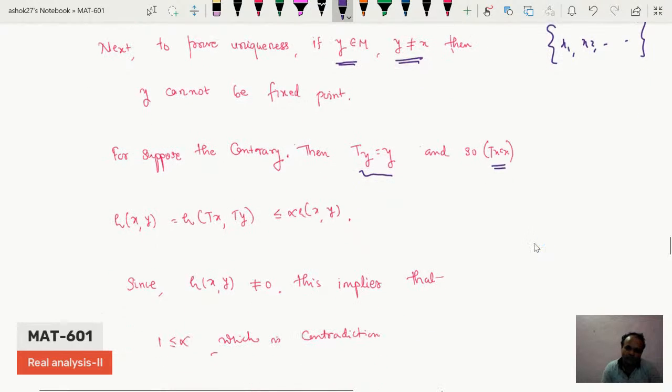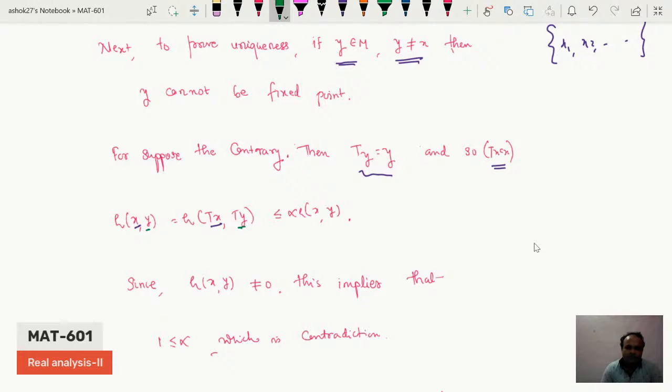Here I'm using the definition of contraction mapping. So rho of xy will be equal to rho of TxTy, because x equals Tx and y equals Ty, and rho of TxTy is less than or equal to alpha times rho of xy.